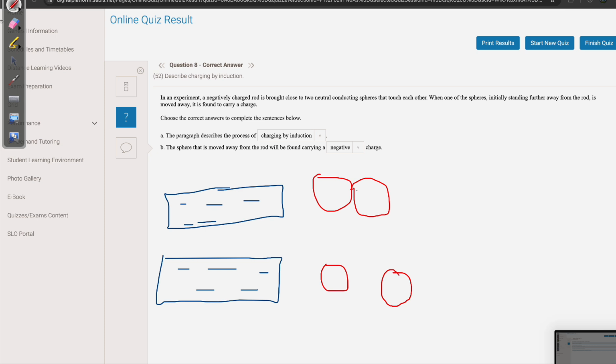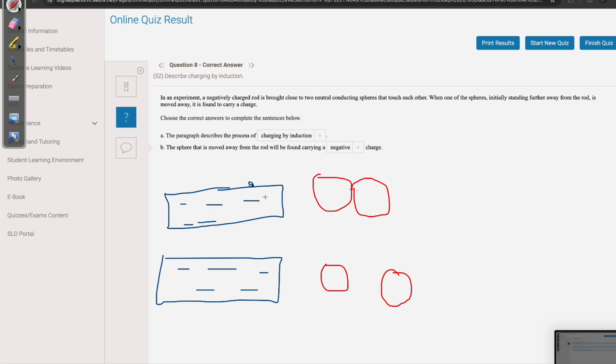Now look, what happened here is that electrons moved from the rod to the sphere, and you may ask, how did this happen, because the rod and the spheres are not touching. What happened here is induction, which is when charges move from, in this case, the negatively charged object, the object with more electrons, to the object with less electrons at a distance.